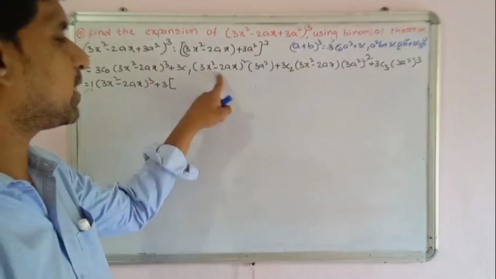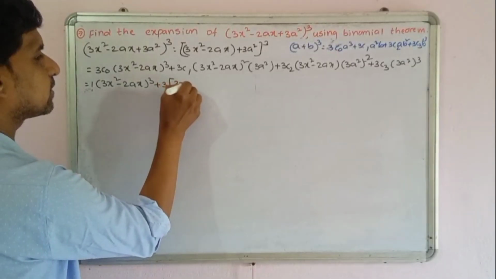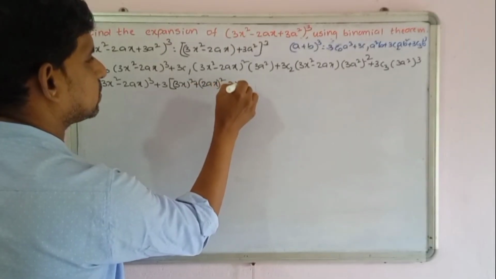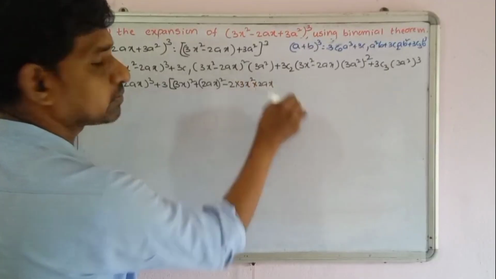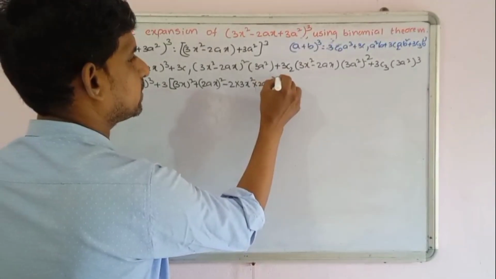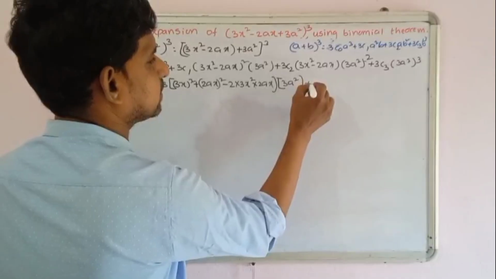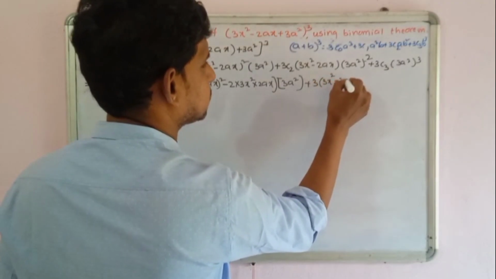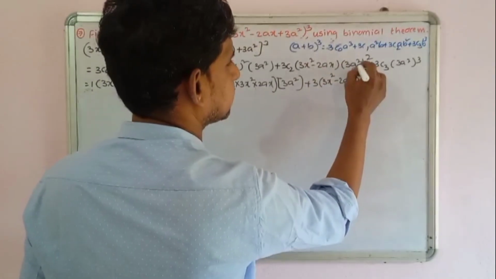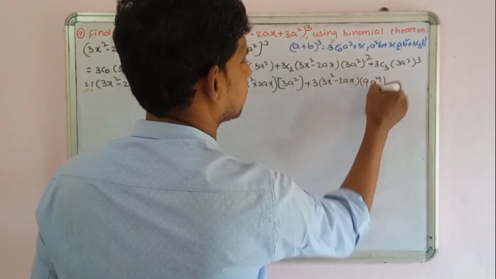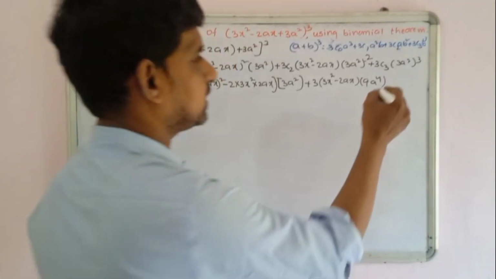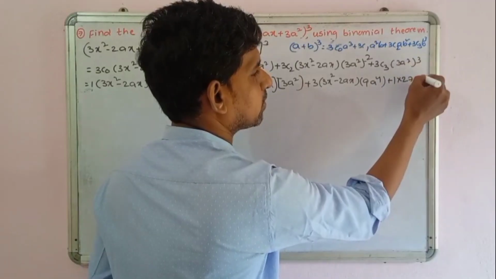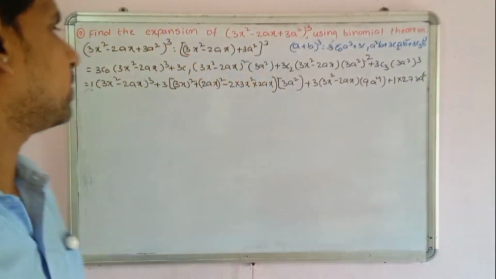Observe that (a − b)² has the form a² plus b² minus 2ab, multiplied with 3a². 3C2 value again 3. So (3x² − 2ax) times 3² is 9a², whole square, a⁴, since (a²)² is a⁴. 3C3 value 1, 3³ is 27, into (a²)³ is a⁶, since (aᵐ)ⁿ is aᵐⁿ.